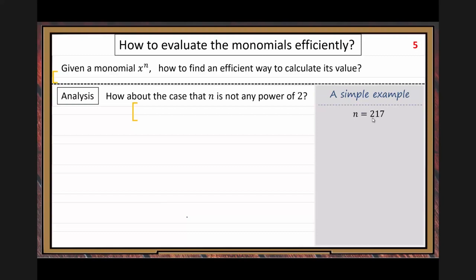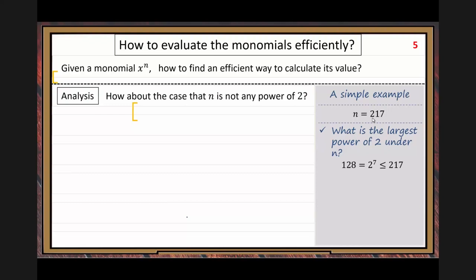Let's assume n equals 217. What is the largest power of 2 under n? We want to use powers of 2 to construct this number, 217.